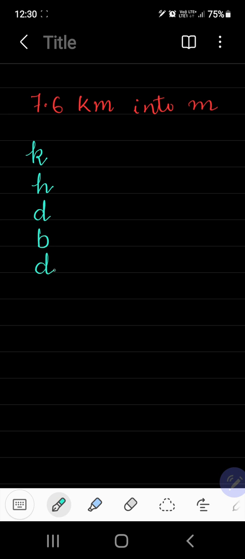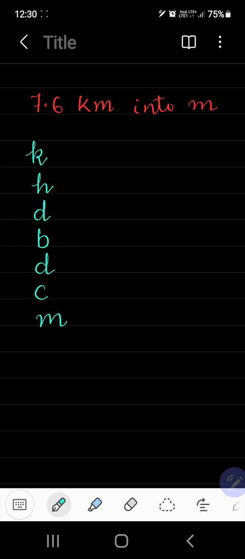So the question is, let's convert 7.6 kilometer into meter. So again the same drill. First we will write the sequence, that is King Henry died by drinking chocolate milk.